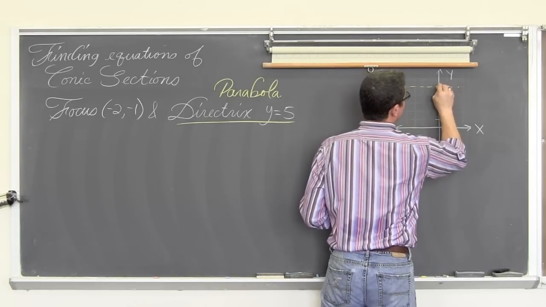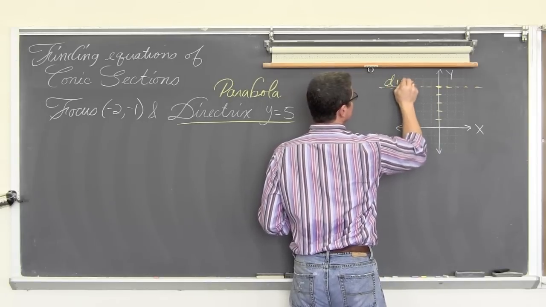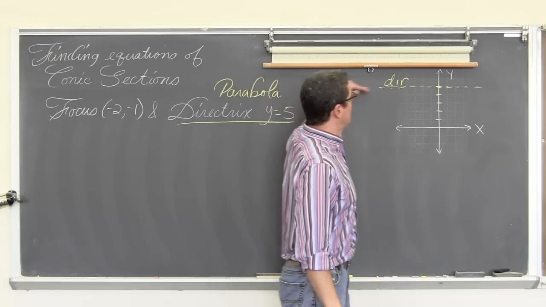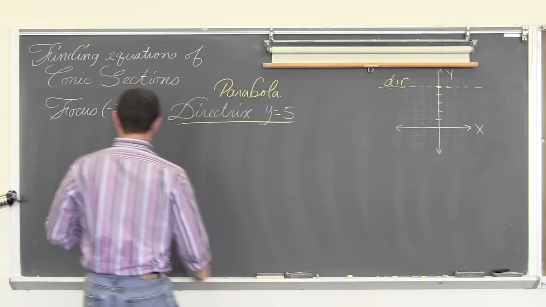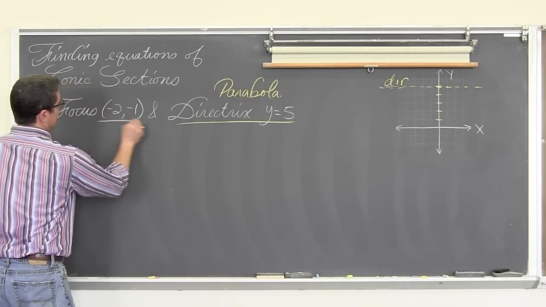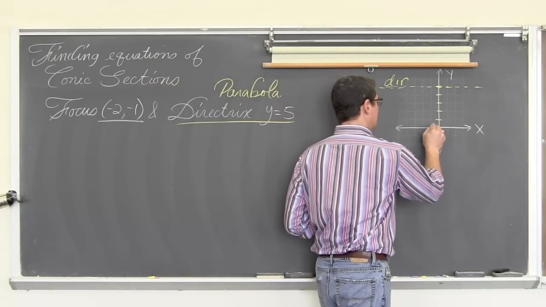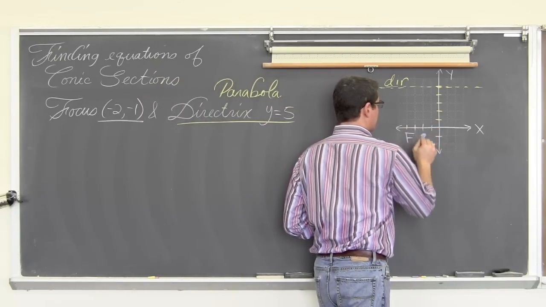A horizontal line has an equation of y equals a number, so y equals 5, there's our directrix. And our focus point is at -2, -1. So -2, -1. And there's my focus.